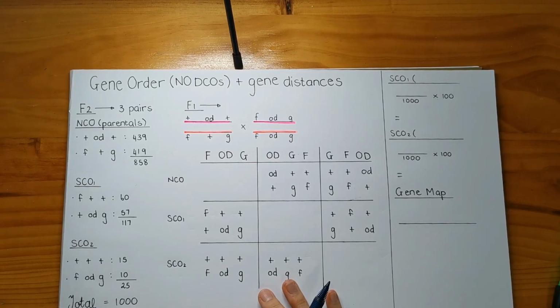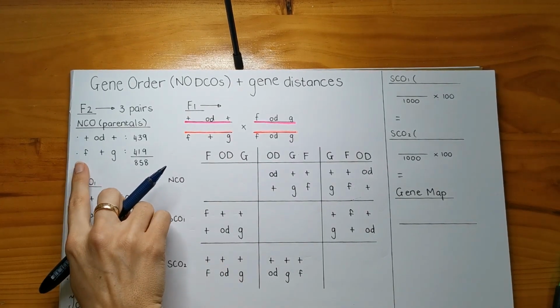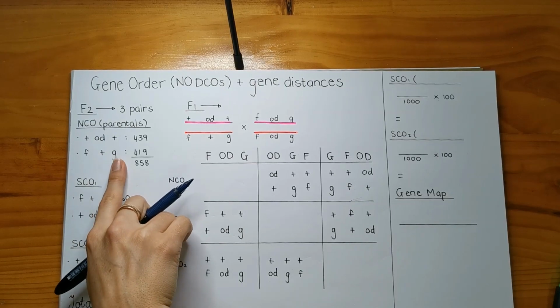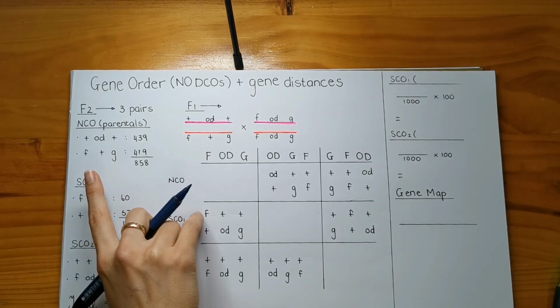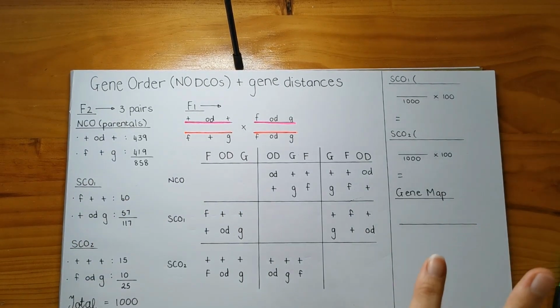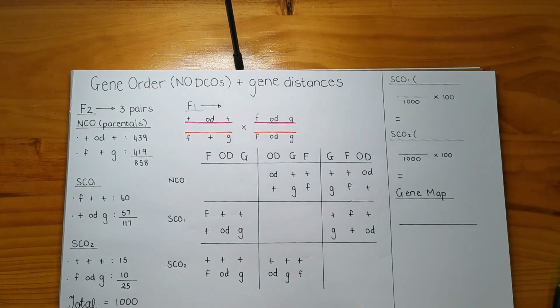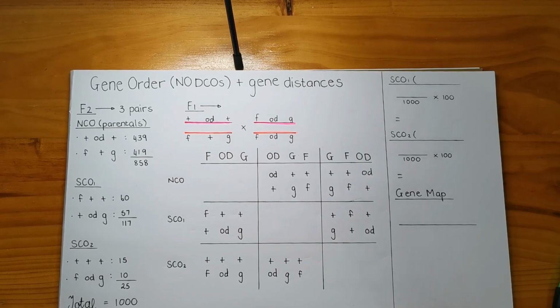I've written it in this order, F, O, D, G, because in the actual paragraph of the question, they first present you with forked, then outstretched, and then garnet. It's in order, so I'm going to do it in that order first to start out with, because we're still determining the gene order.